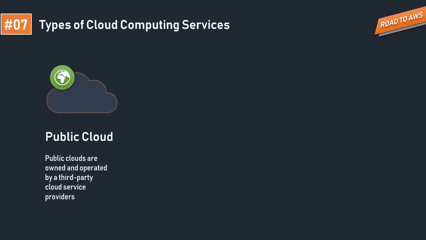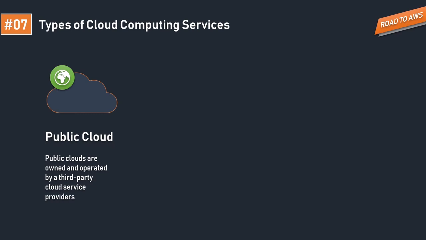The first one is public cloud. Public clouds are owned and operated by third-party cloud service providers. Let's suppose you don't have to manage anything in this. Let's suppose we are using Amazon AWS services and you are just using a computer to use their services. All the services that you see here are on the public cloud.